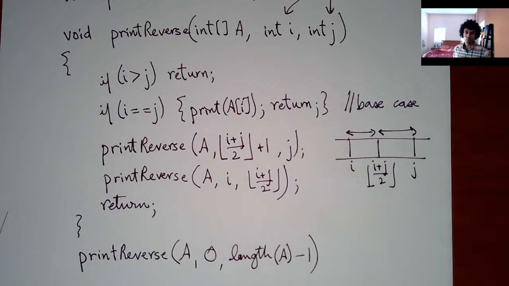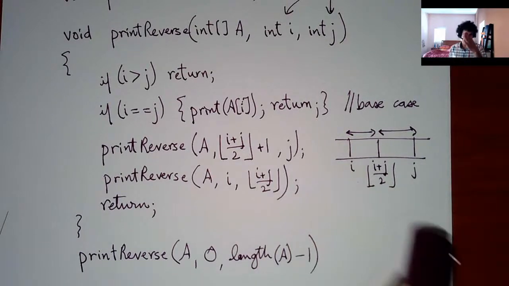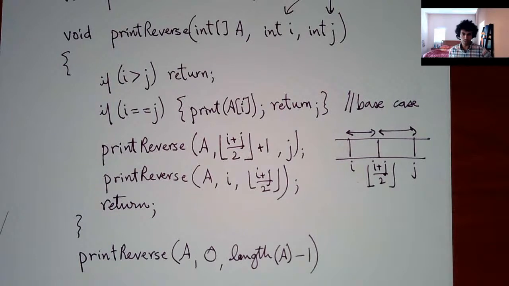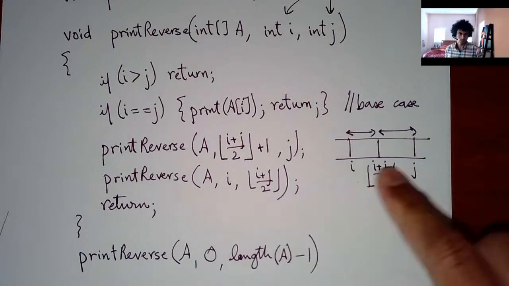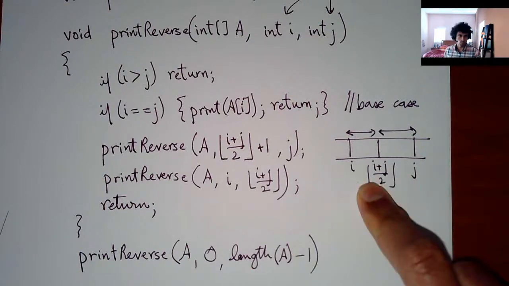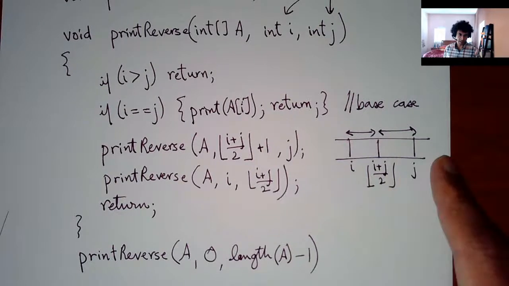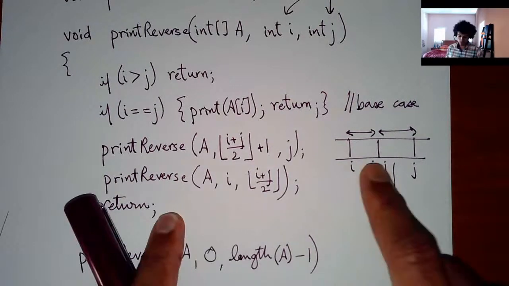If i was 0 and j was 100, then (i plus j) divided by 2 would be 50. So you're essentially going to print from index 50 to index 99 or 100, depending on whether it was length 100 or 101. So this would be either 49 or 50. So you go from there to the end, and this call does it from i to that point.